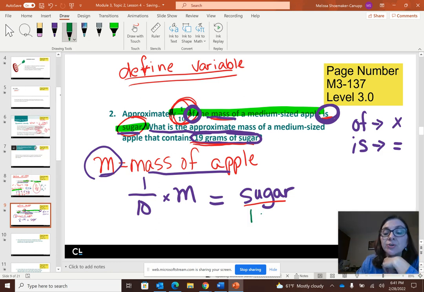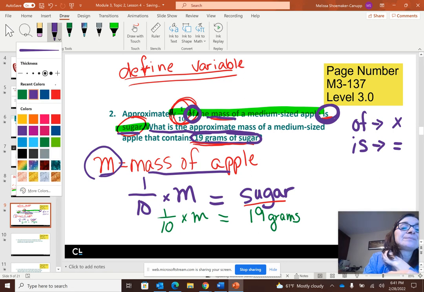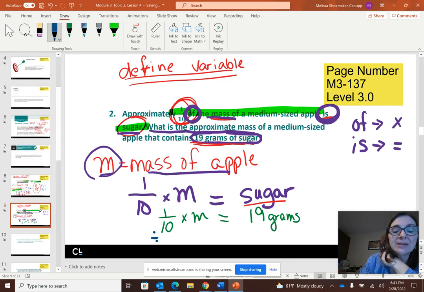So instead of the sugar, I'm going to write 19 grams. 1/10 of something, the mass, equals the grams. Now, 1/10 times the mass, so we want to get the M by itself, so the opposite of times is, you got it, divide. So we have to divide by 1/10.